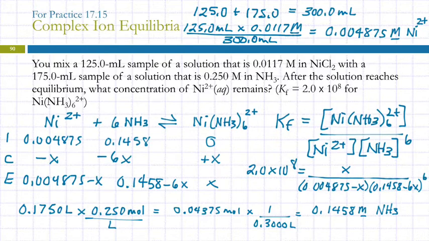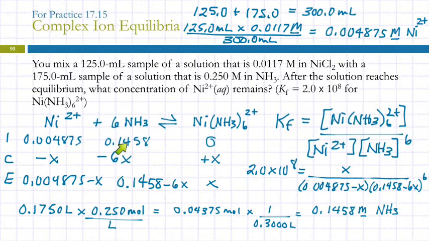So one thing we can do is say, well, this K is really high, right? Let's assume that everything reacts that can react, and then let's see what comes back. Does that make sense? So I've got 0.004875, and I need 6 of these, 0.1458.